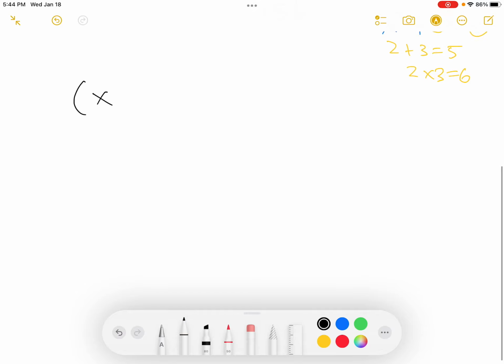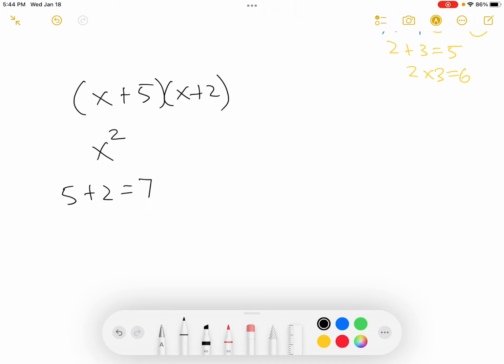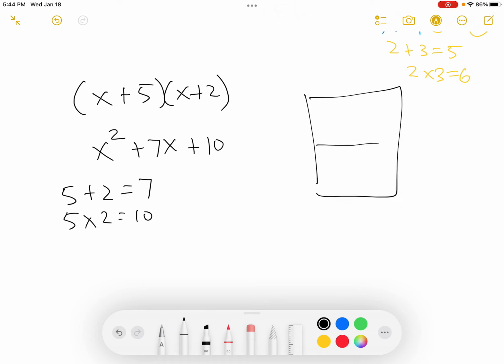Let's say I've got x plus 5, x plus 2. We're going to do x squared, and now I'm going to do 5 plus 2 is equal to 7, 7x. 5 times 2 is 10, and that's going to be 10. Now, last time I'm going to draw this box just to show you what we're looking at.